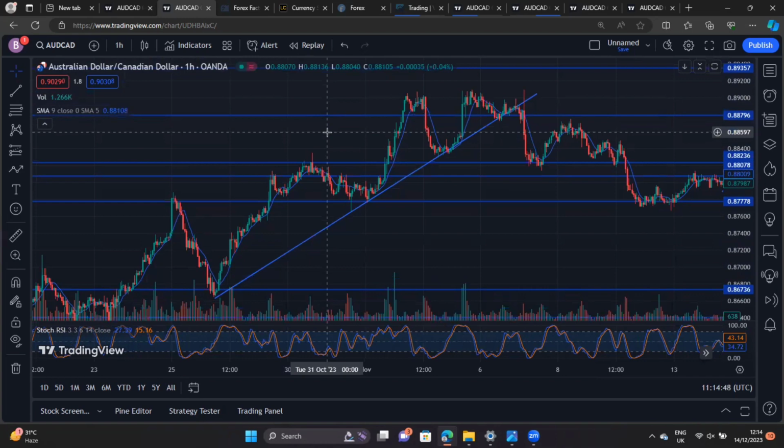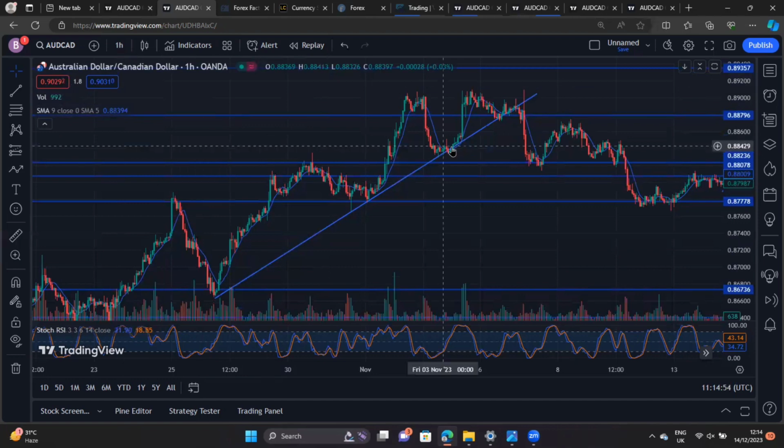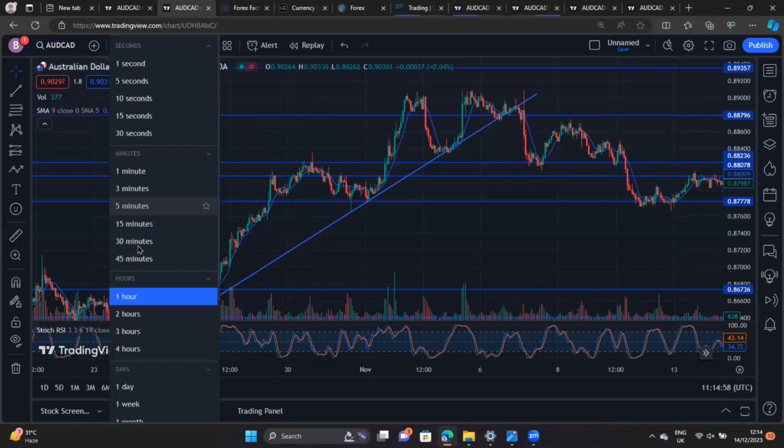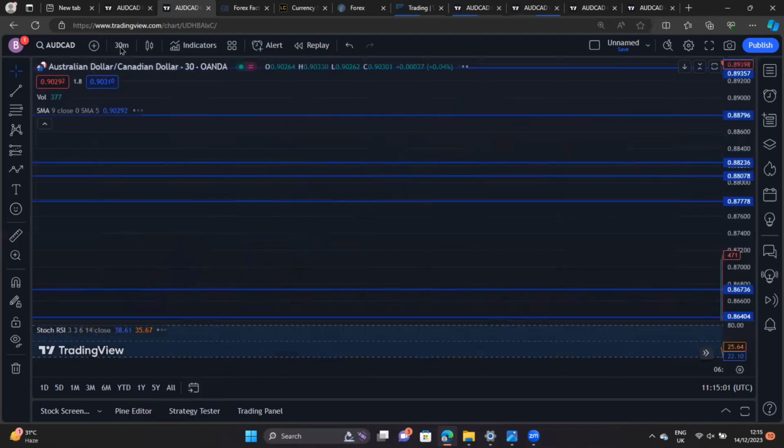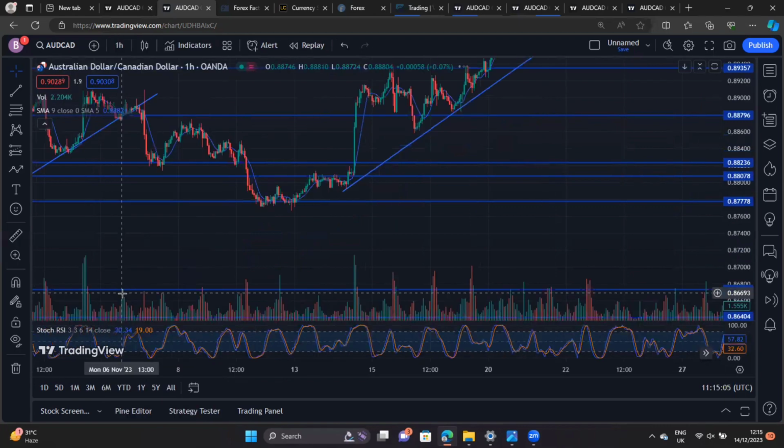Don't use a similar time frame to draw trend lines. If you're drawing a trend line on an hourly time frame, you can switch to a 30-minute time frame for confirmation.